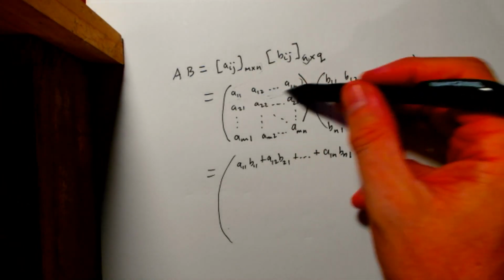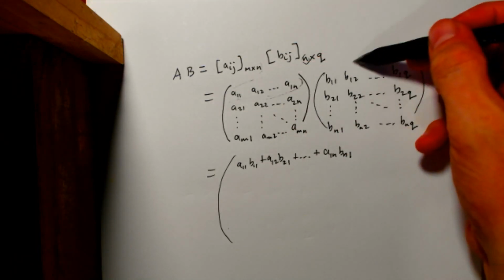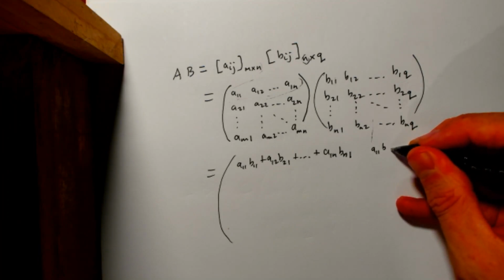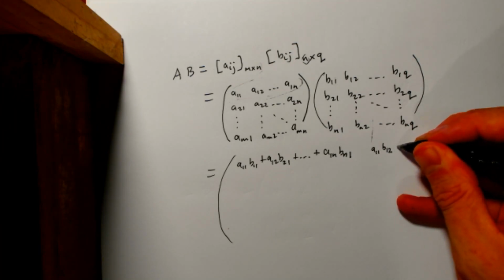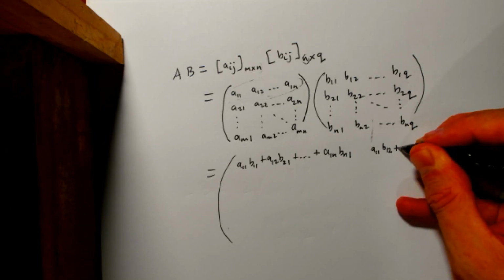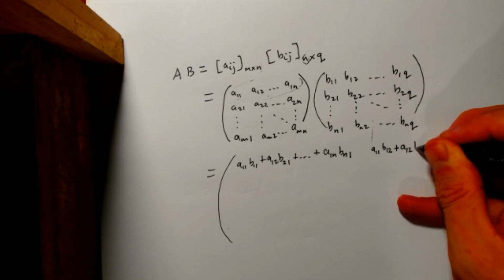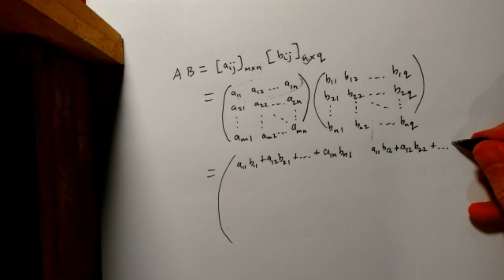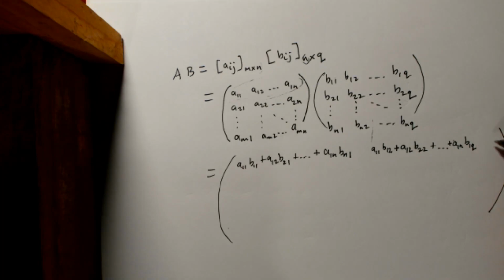Next, you take this times the second column, and so when we do that, we've got A11 times B12 plus A12 times B22 plus and so on, and then our last term in that sum is A1n times Bn2. But we're not done here.